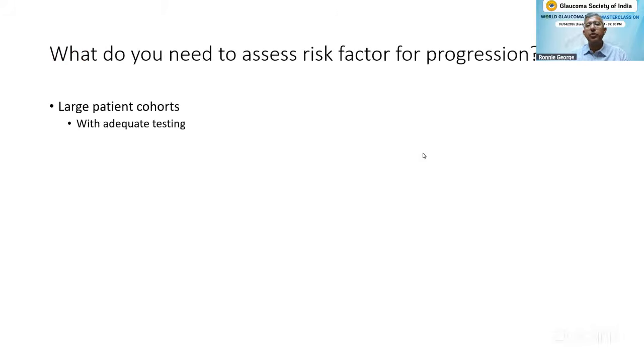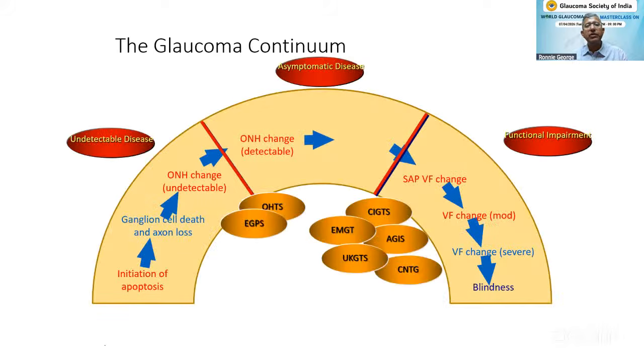So what do you need in order to be able to assess a risk factor for progression? You require large patient cohorts who have been tested adequately, because that's the only way you'll be able to pick up visual field progression with longitudinal testing. Fortunately, when you look at the glaucoma continuum, we have undetectable disease, asymptomatic disease, and functional impairment broadly categorized.